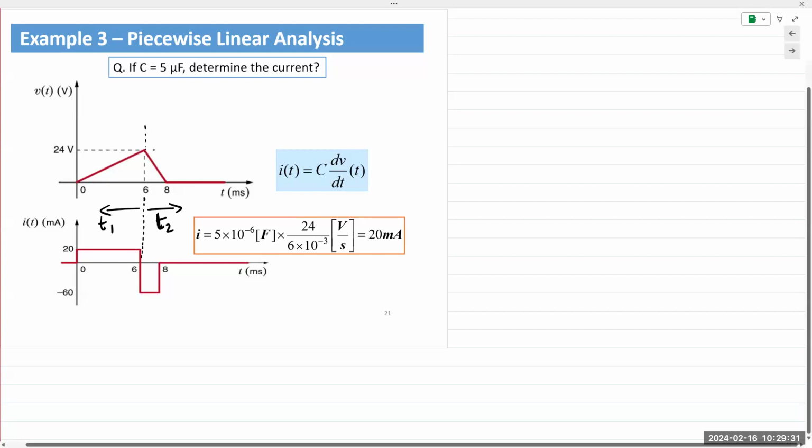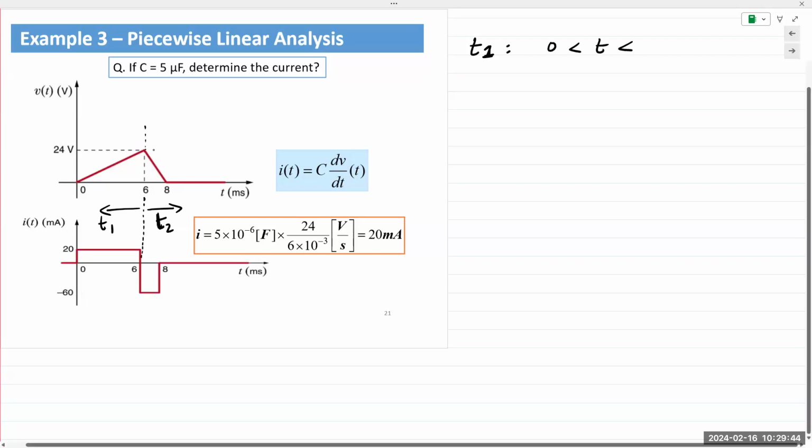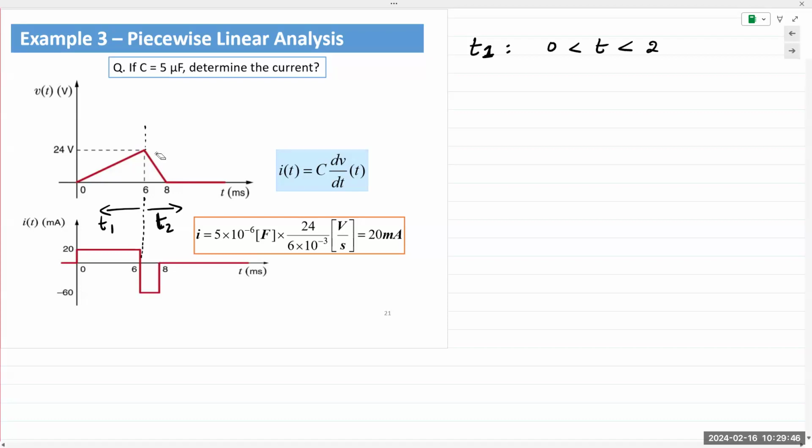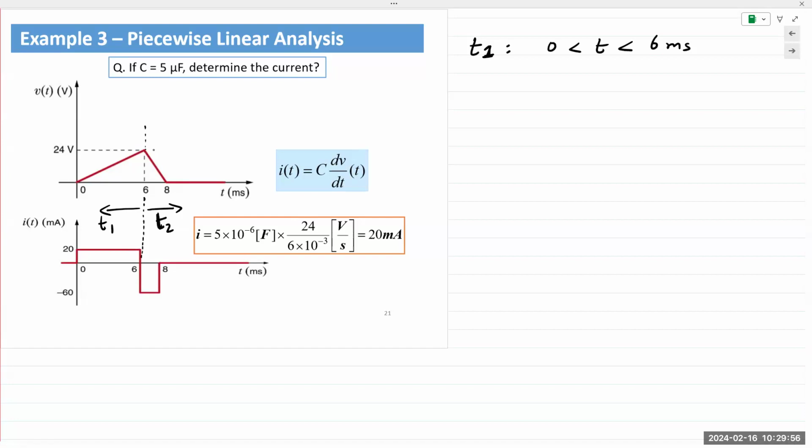So the first time period, I'm going to call it T1. T1 is between 0 and 6 milliseconds. Okay, time period 1, T1, is between 0 and 6 milliseconds.